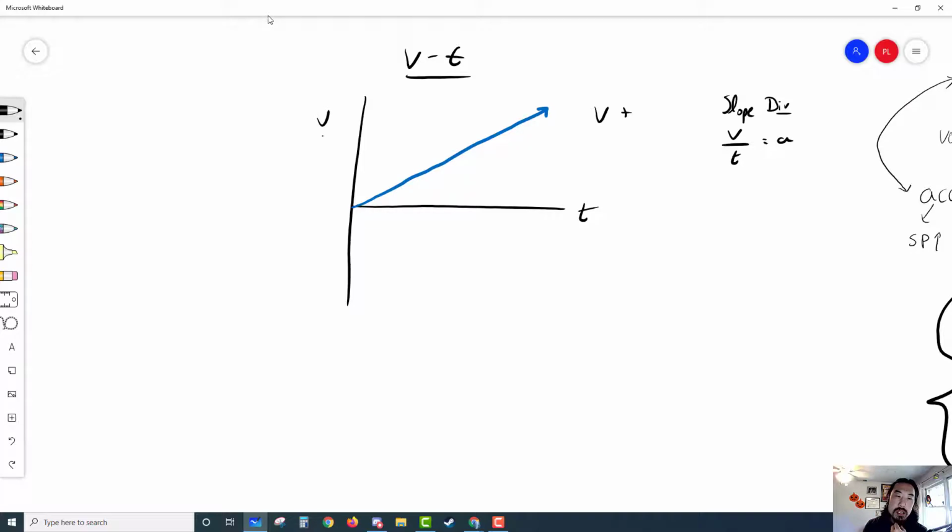Another way that you can do this is if we have our units here, meters per second, and our time units are seconds, the units for velocity is meters per second, and the units for time is seconds. So when we simplify this, we get the units of meters per second squared. Okay, so this right here, this is our rise, and this right here is our run. Okay, rise over run, meters per second squared. So the units for rise over run gives us the units for acceleration.